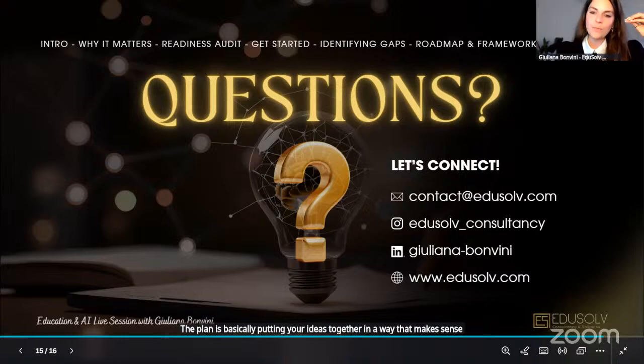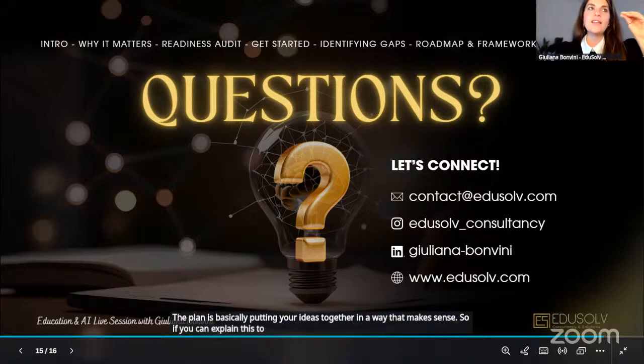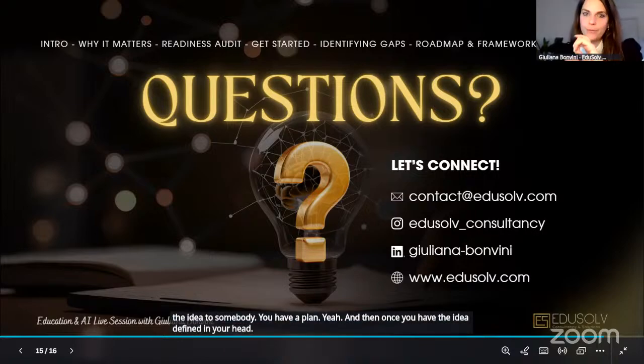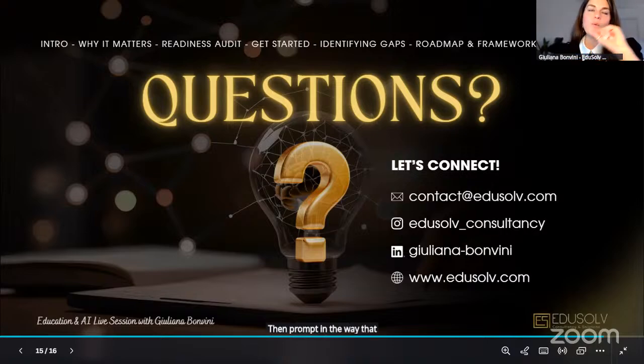So if you can explain the idea to somebody, you have a plan. And then once you have the idea defined in your head, prompt in the way that I explained, asking ChatGPT or the LLM of your choice to structure that prompt for you to optimize the results, and then start with the prototype.